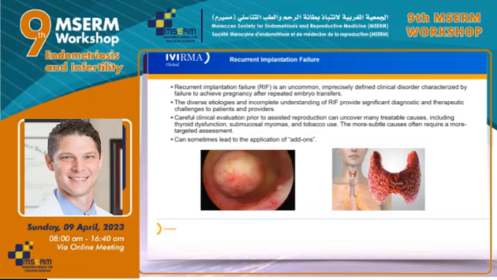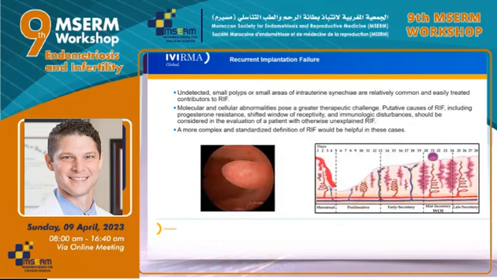In general, careful clinical evaluation can uncover treatable causes, many of which are known quite well to this group, so thyroid dysfunction, submucosal fibroids, tobacco use. However, more subtle causes require more targeted assessment and can potentially lead to quote-unquote add-ons in our field. So things like polyps or intrauterine syncytiae are common and easily treated.